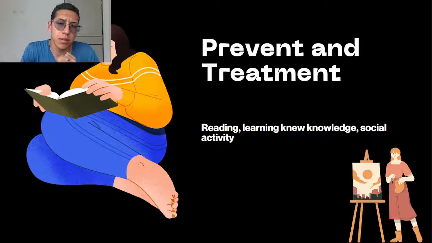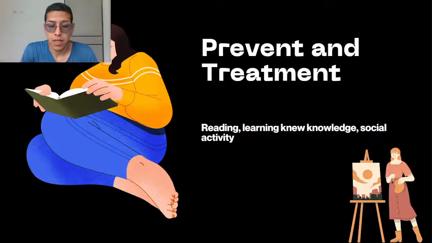Prevention and treatment. Ways of prevention involve cerebral exercise that is related with reading, learning new knowledge, having social activities, and practicing sports.